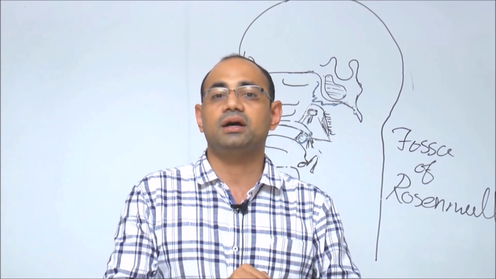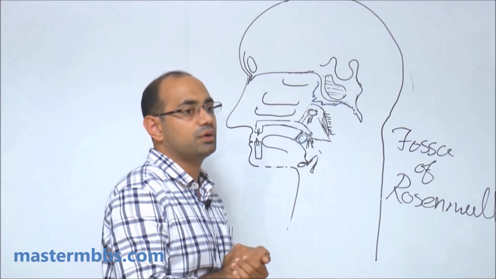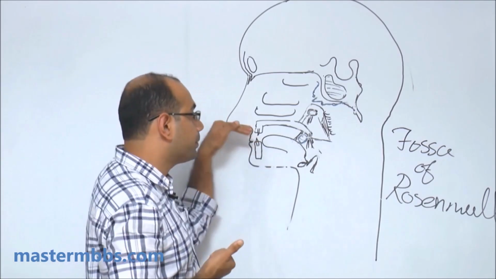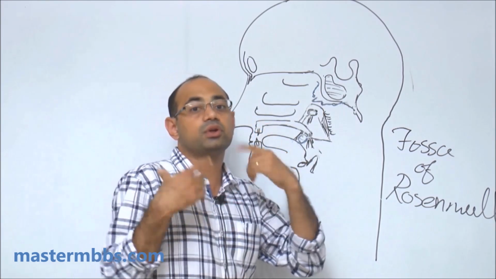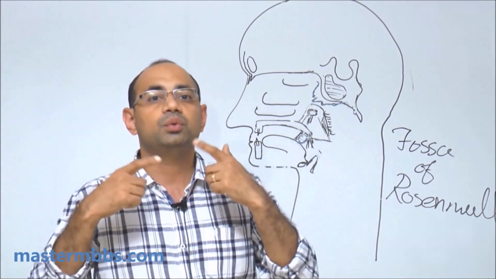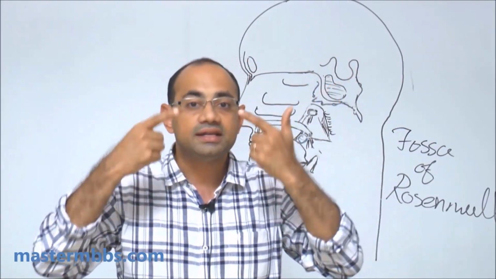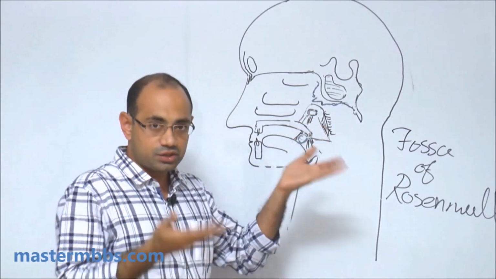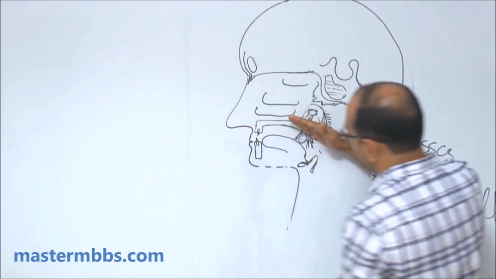Clinically it is also important, which you would have learned in your physiology. You would have learned about the stages of deglutition. When you're going to swallow food, what prevents the food from coming up into the nasal cavity? Sometimes if you talk while you're drinking water, the water suddenly enters your nasal cavity and you start coughing. While you're swallowing, this area has to get blocked off.